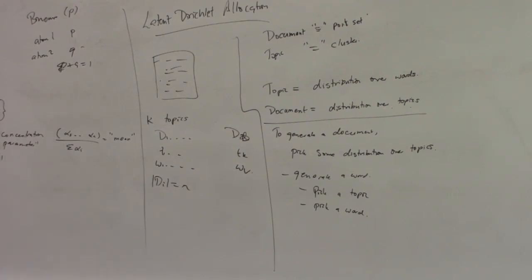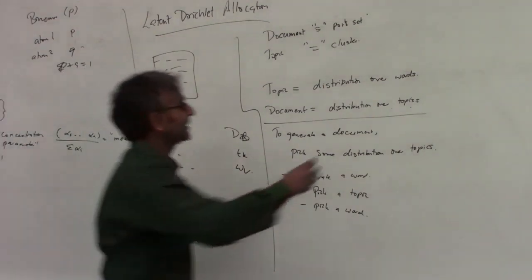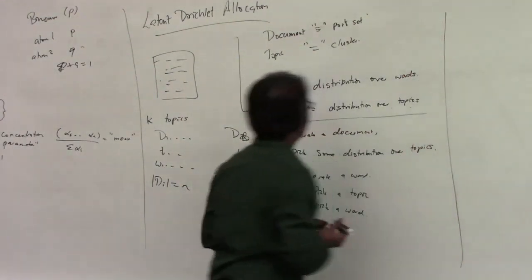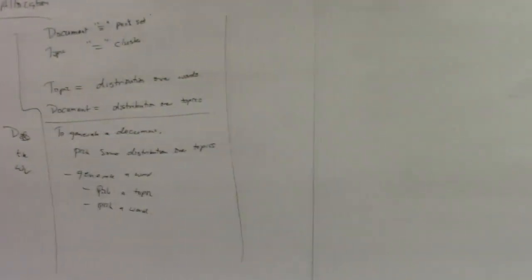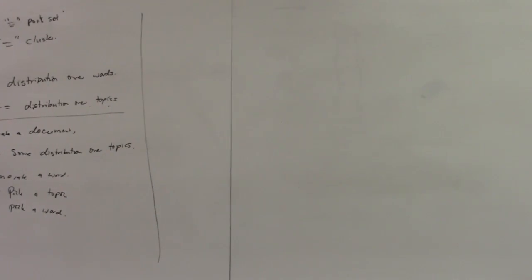Okay. So now what we have to do is make this more concrete. And now you might start seeing where this machinery we've built up might come in handy. We've said that a topic is a distribution over words, and that the document is a distribution over topics. And we don't want to be arbitrary with these things. We want to be a little bit more concrete.